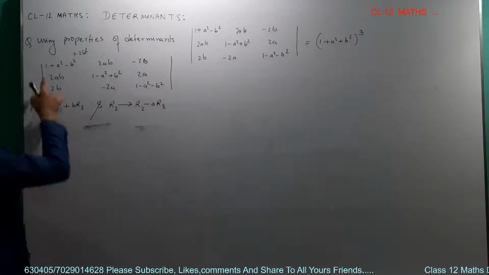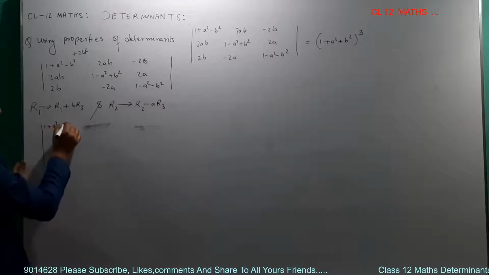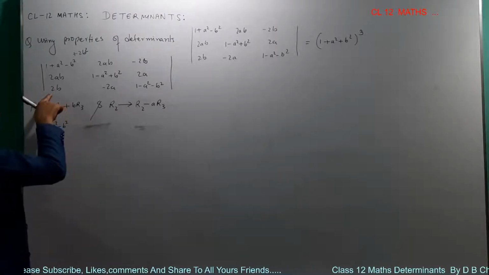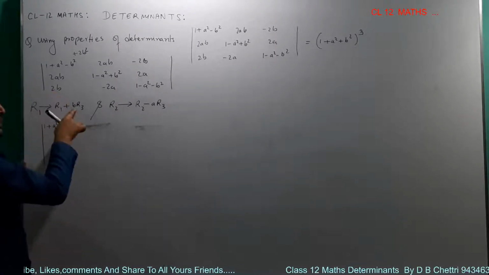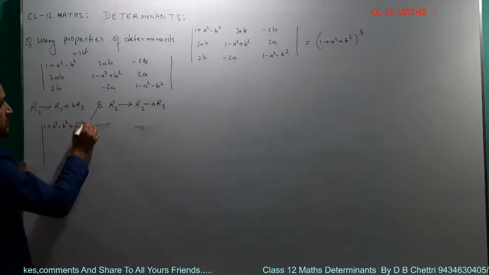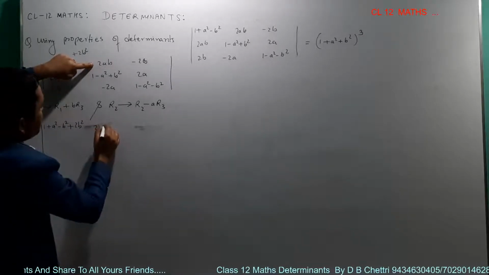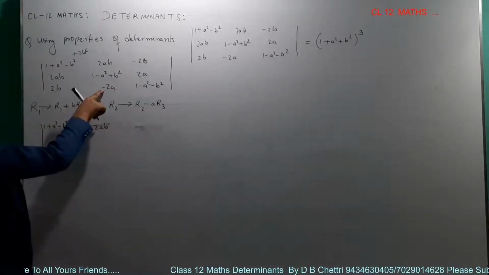Now let's write R1 first. 1 plus A square minus B square, and multiplying with this one, which is B, means 2B square, plus 2B into B, 2B square. Now same thing here, A to A B. Then what sign is there? Plus is there, but the sign is minus there.